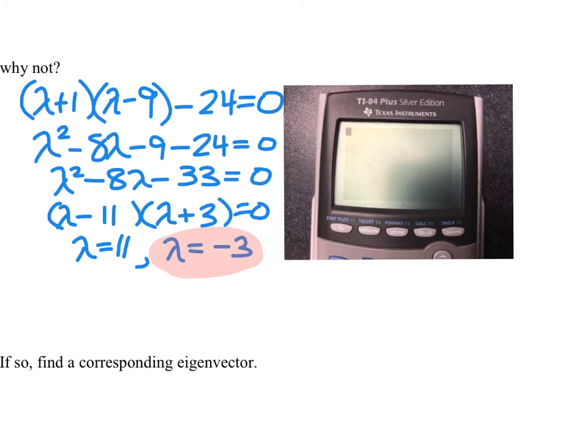So 0 equals PRT minus I. And so what you can do is in your Y1, type in PRT minus I.